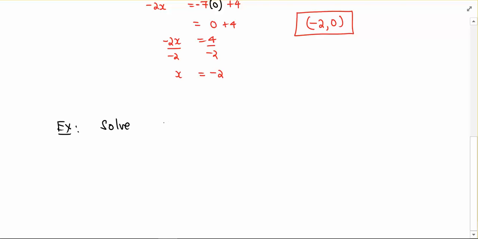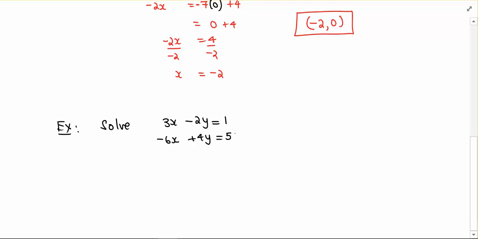And so this time we'll do 3x minus 2y equals 1, and minus 6x plus 4y equals 5. So again, I've got to decide which method I'm going to use, and substitution is hard to use on this one because solving for one of the letters is difficult.